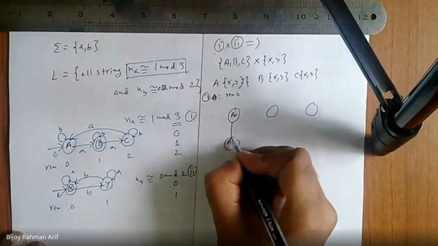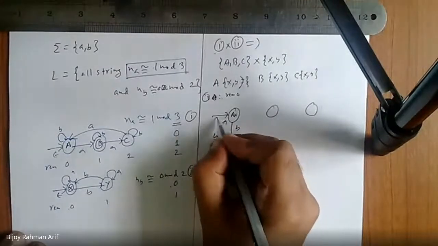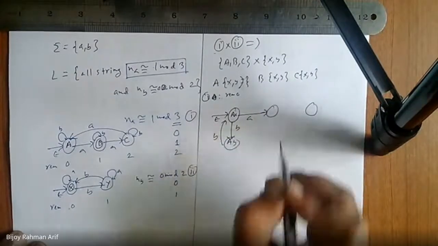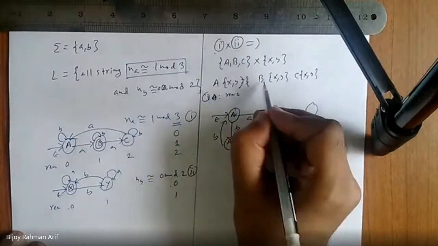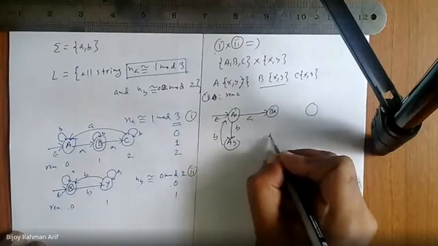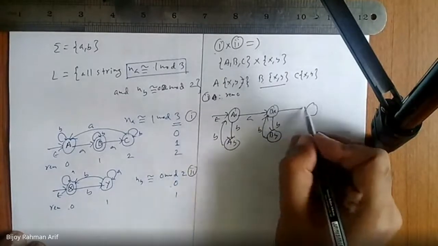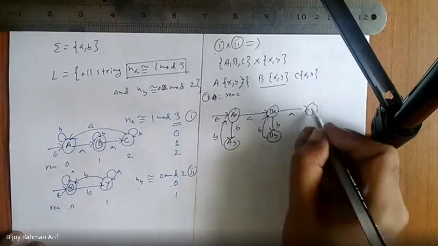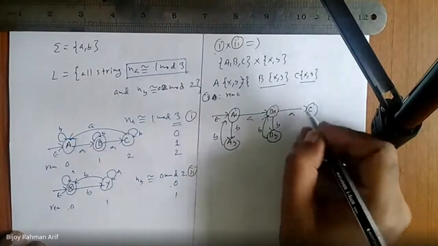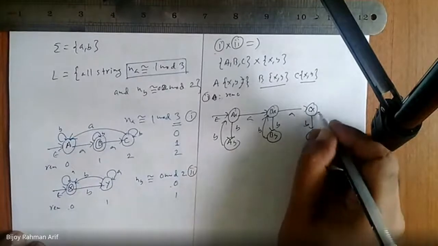Then using A, I can go over here to state B. For B, I have the whole of number 2, so it would be Bx, By. After seeing another A, I should go over here. For C, I have the full number 2, so it will be something like this: Cx, Cy.